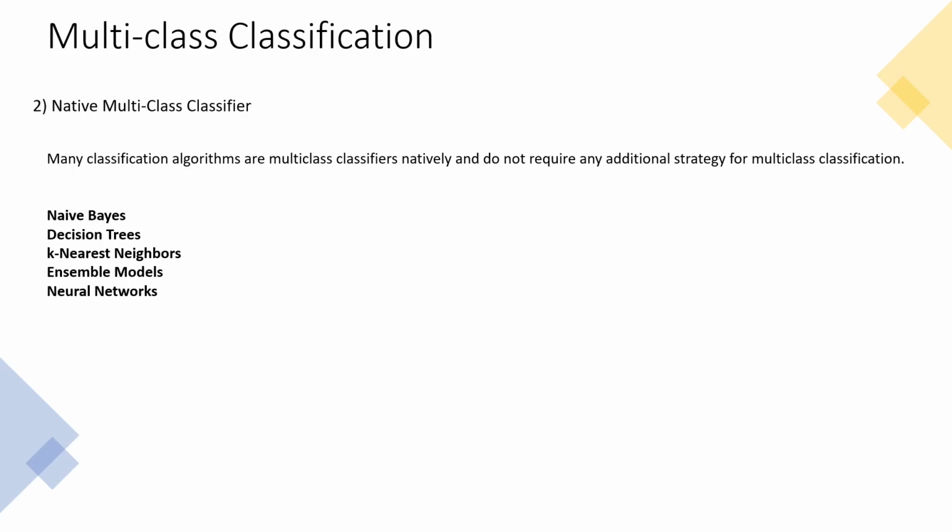From next week, we will start with decision trees, and we will see all of these classifiers. But for today's lecture, we will continue with examples that are binary classifiers, but we will convert these into multi-class classification problems.